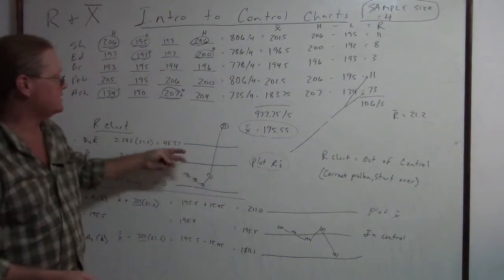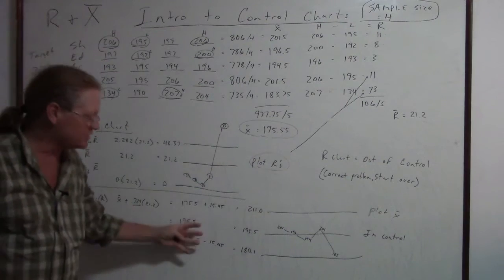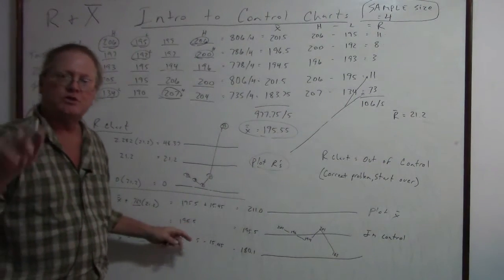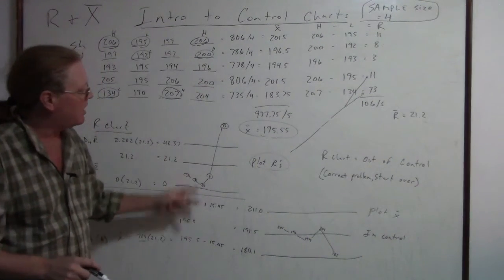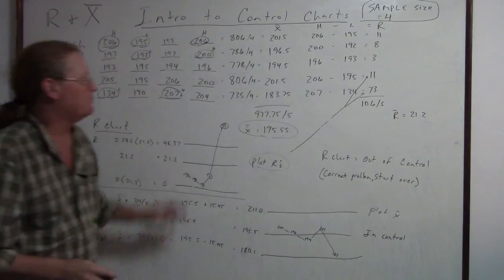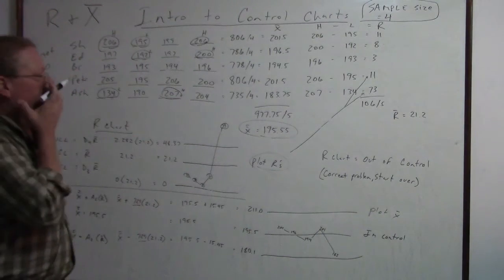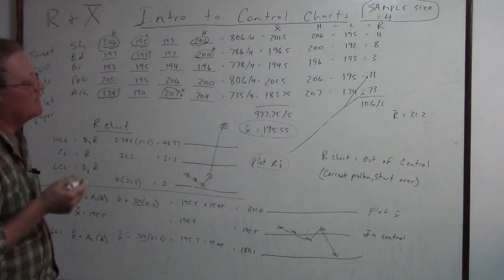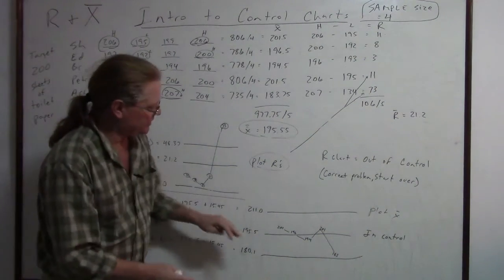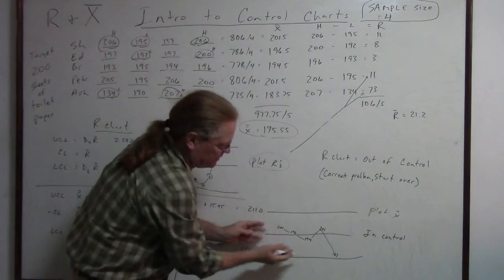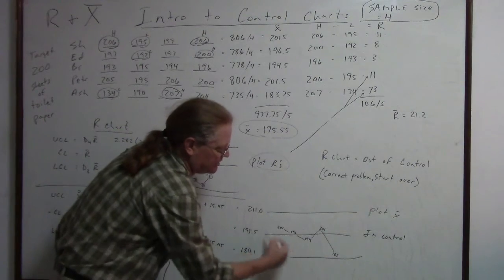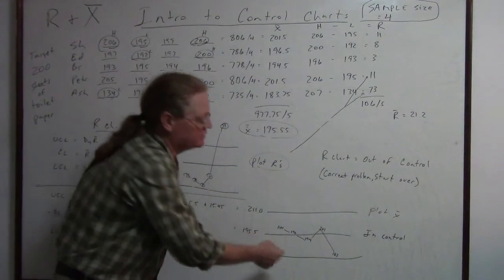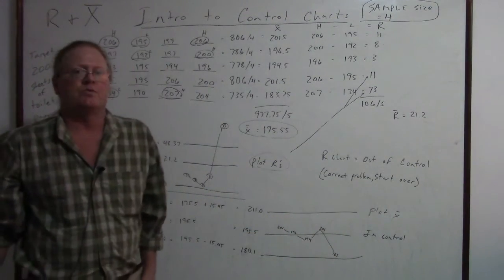So if only this one had been in control, then we go to this one. You can see the little instructions, it's numbered steps. Then we would be in control, but we're not because of that. So at the moment, let's just pretend like this is in control and we're here. All of this is in the control limits, so it's in control.